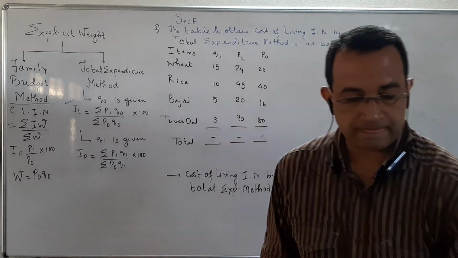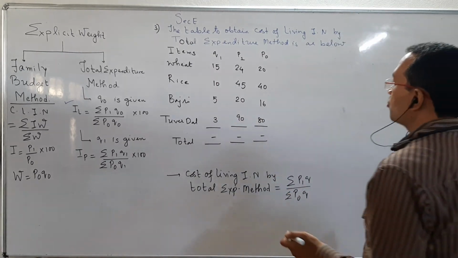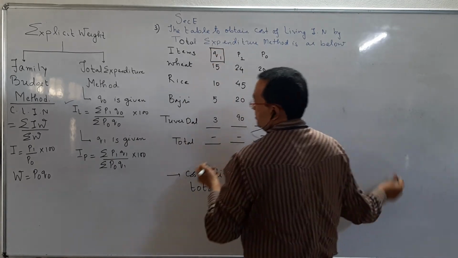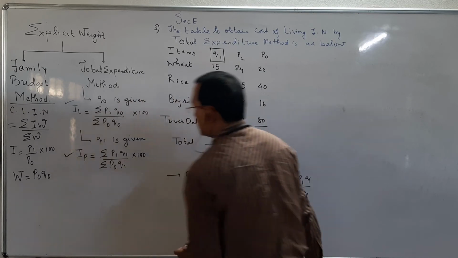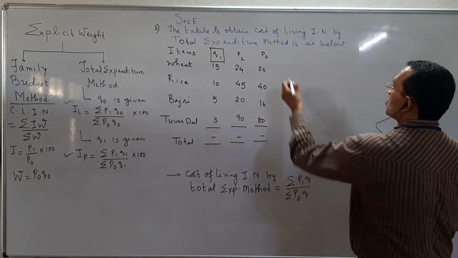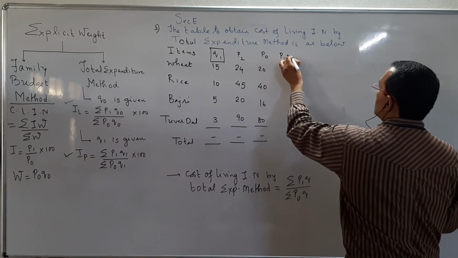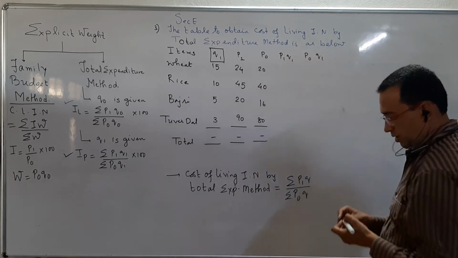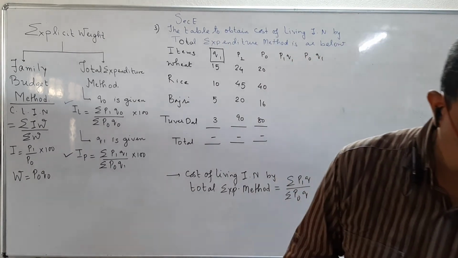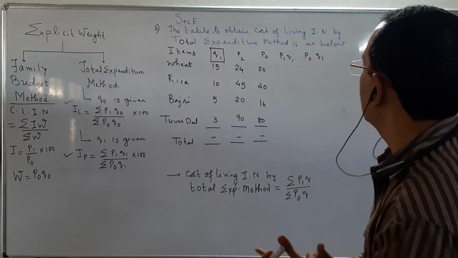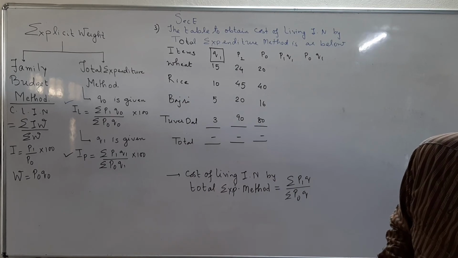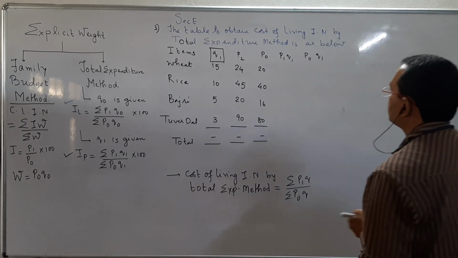Now, when current year's quantity is given in total expenditure method, we prefer item. For item, I need these two columns, P1 Q1 and P0 Q1. That's all. So let us make those columns. P1 Q1, so 15 into 24. So how much? 360.